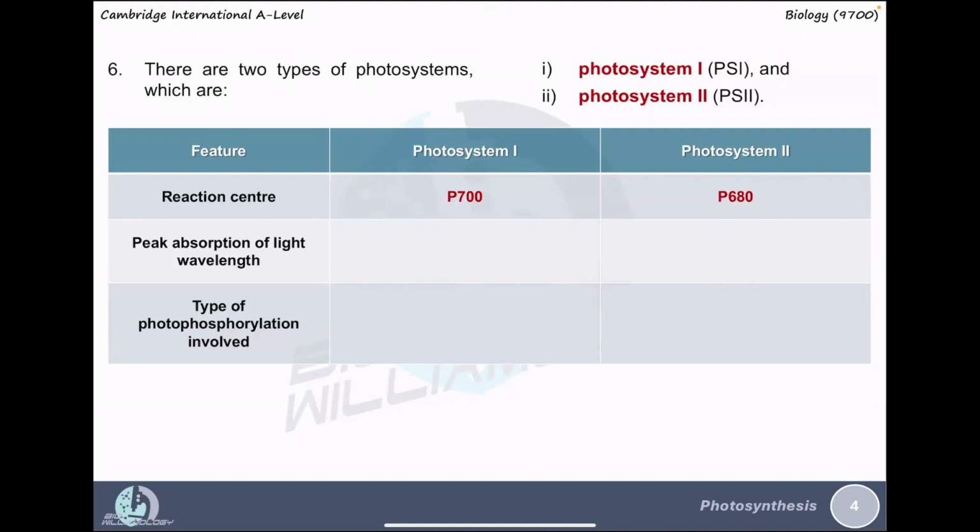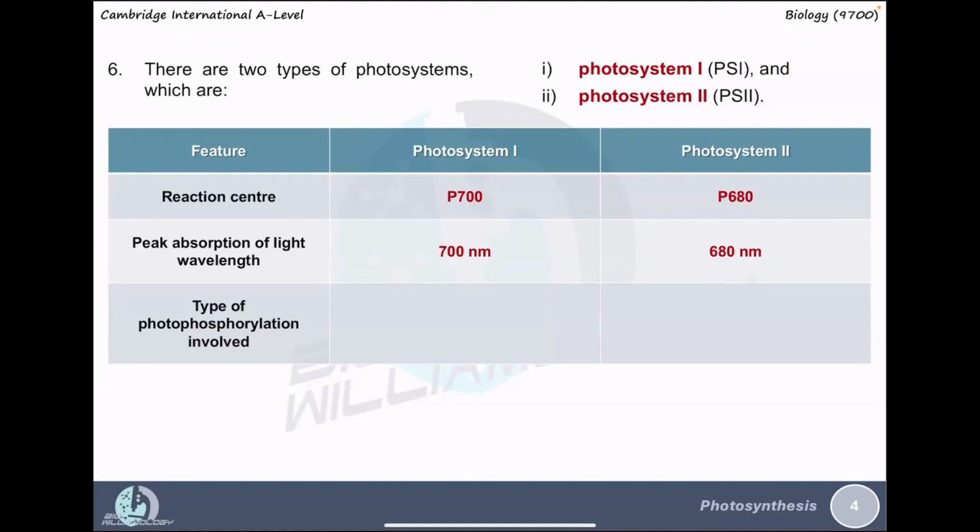For example, in photosystem 1, this chlorophyll A must have the peak absorption of light wavelength at 700 nanometers, while in photosystem 2, the peak absorption of light wavelength is at 680 nanometers. Different chlorophyll A can absorb light at different wavelengths, but the one that absorbs at 700 nanometers or 680 nanometers can be the reaction center.